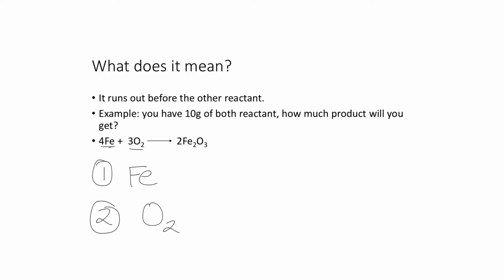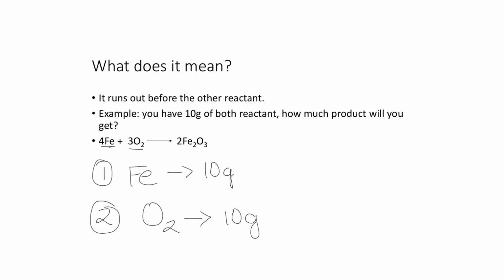All you need to do is figure out which of these two chemicals, remembering that both of these are 10 grams, will give you the least amount of product. Whichever chemical gives you the least amount of product becomes your limiting reagent.